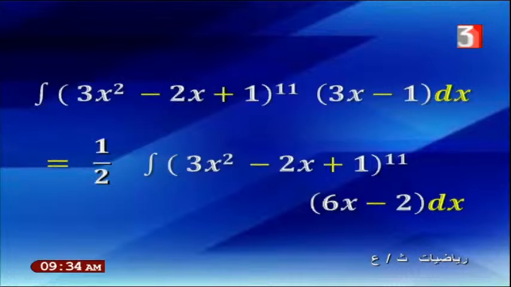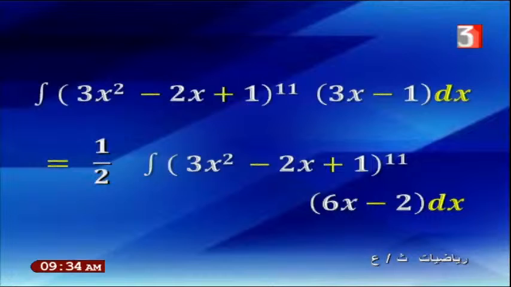Note that we multiply by 2 inside the integration, we multiply the bracket 3x minus 1 by 2, and we multiply by half outside the integration.